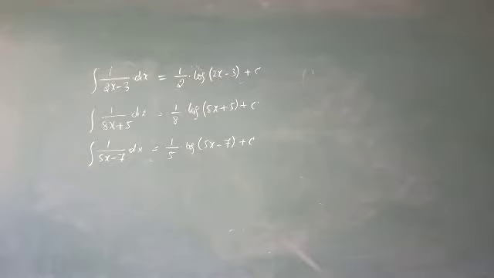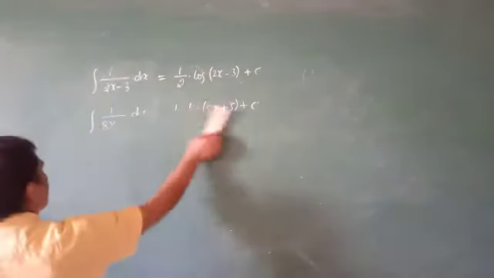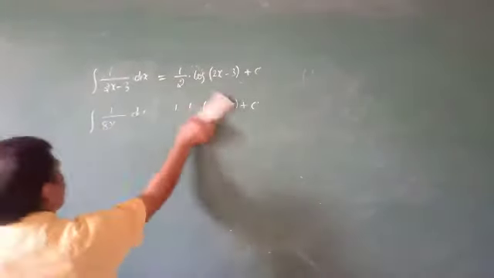The second one is 1 divided by 8 into log of 8x plus 5 plus c. The third one is 1 divided by 5 into log of 5x minus 7 plus c. This type of problem is asked many times for 1 mark.